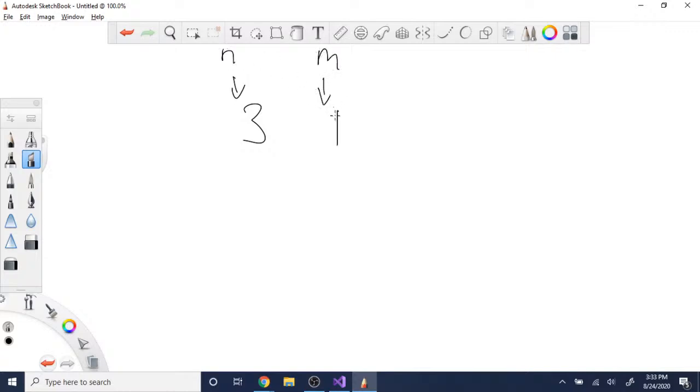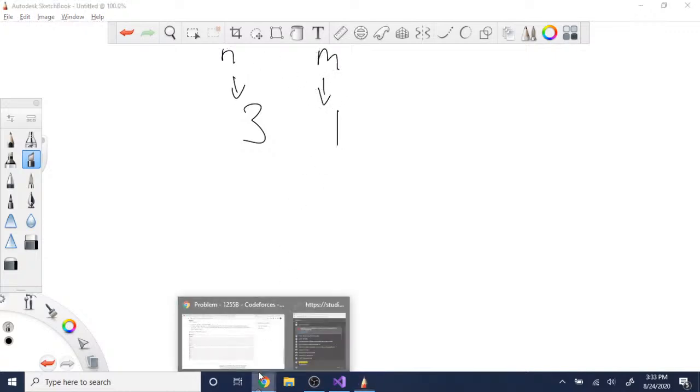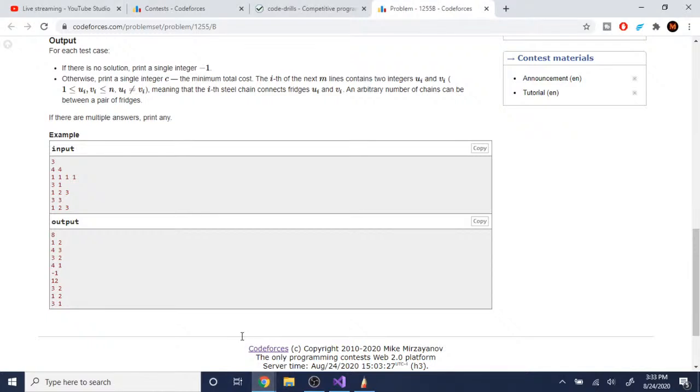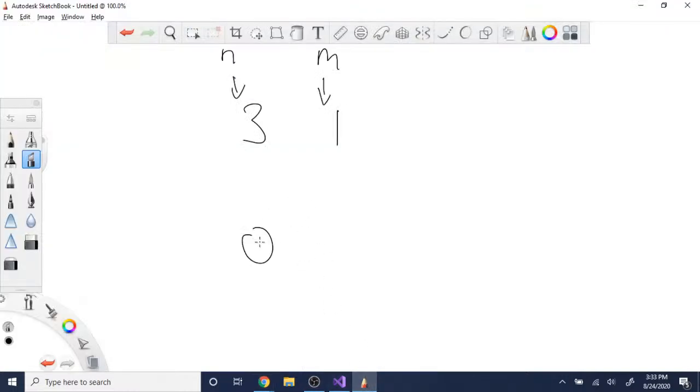So we want one chain? Okay, that's weird. 1, 2, 3. And what does that give us? Does it give us -1? Yes, that's going to give us -1 because 1 is going to be opened by anybody. It's not locked. So that makes sense.